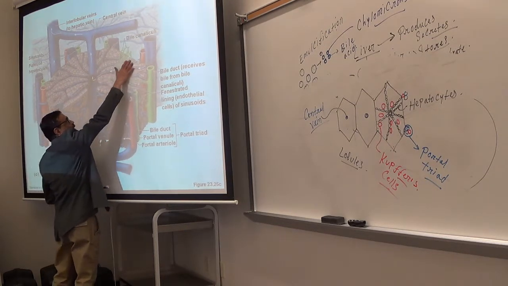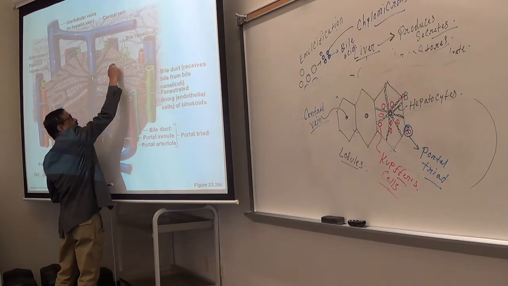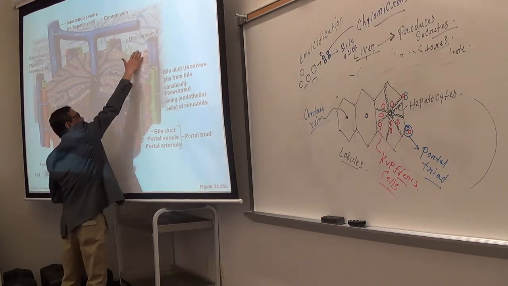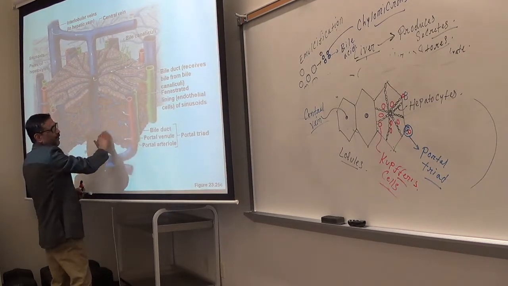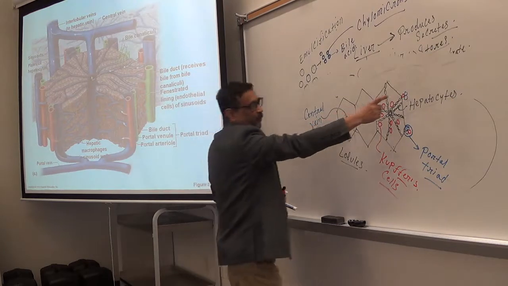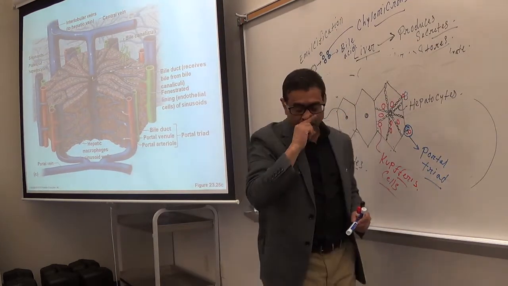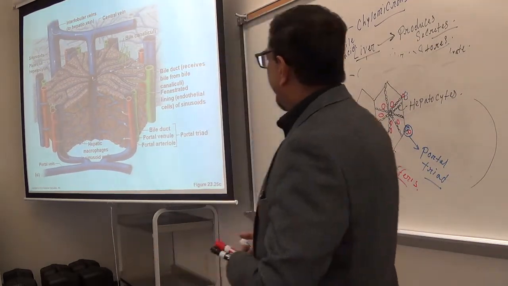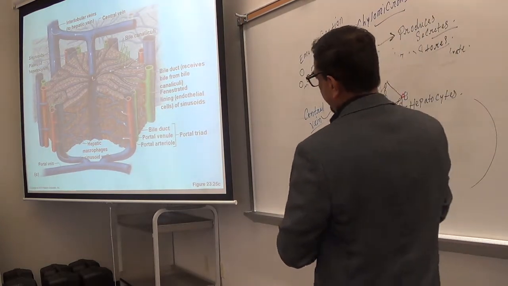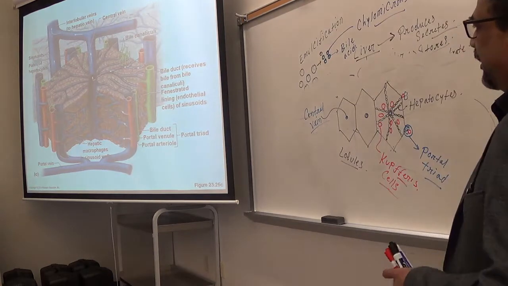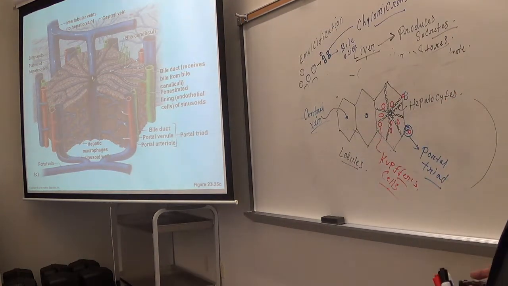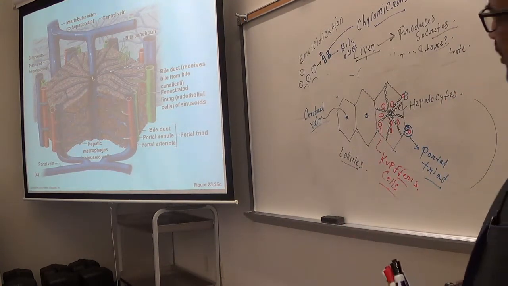And those canaliculi form a network, they join to each other, and then finally give the bile to the corner of the lobule, to the bile duct. So bile canaliculi collect the bile from each hepatocyte and give it to the bile duct in each corner of the lobule.